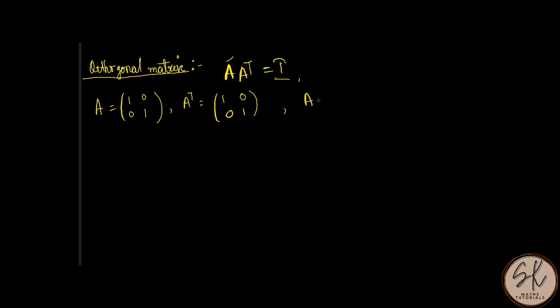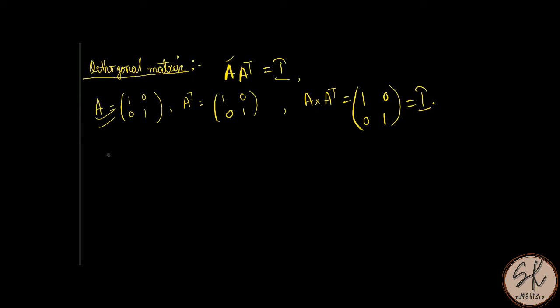Then A into A transpose is, first row into first column, [1 0; 0 1]. See, this is again the identity matrix. So here this A matrix, that is the 2 cross 2 identity matrix, is an orthogonal matrix.